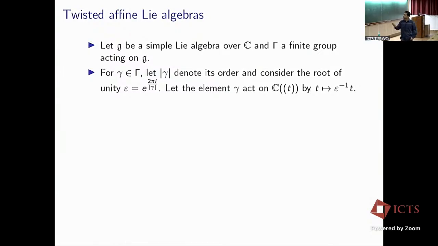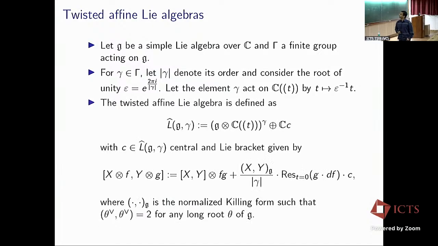So we have seen maybe in Dennis's talk a version of some of these things. In this setting, we can define a twisted affine Lie algebra. So we form this loop algebra.